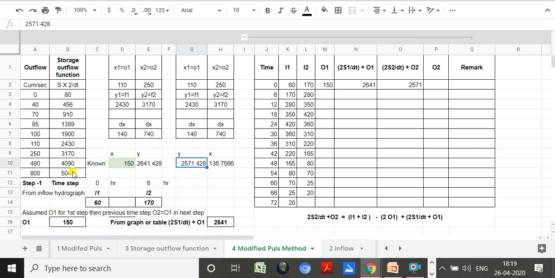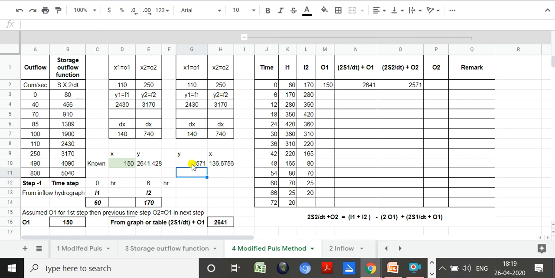For 2430 the outflow is 110, for 3170 it is 250, giving the corresponding dx and dy values for the interpolation function, and I am interested in the value 2571.